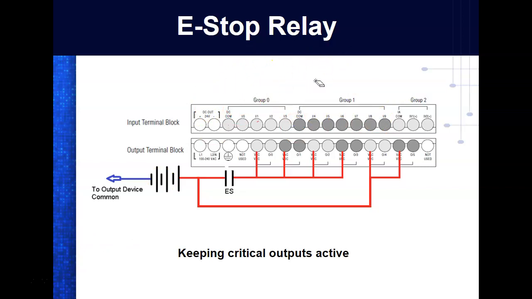Not always, but usually, most of the time over here. Of course, with AC there's no such thing as sinking and sourcing. Y'all understand that? The only time sinking and sourcing comes into play is when you're dealing with DC.